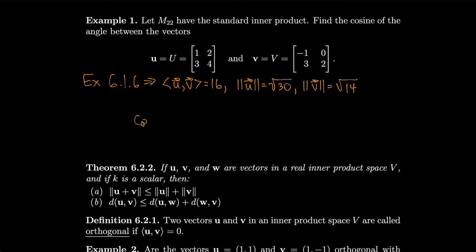So that means that the cosine of the angle theta between these two vectors is the inner product of u with v divided by the magnitude of u times the magnitude of v, which is, as we said, 16 over the square root of 30 times the square root of 14. So that's approximately 0.78.